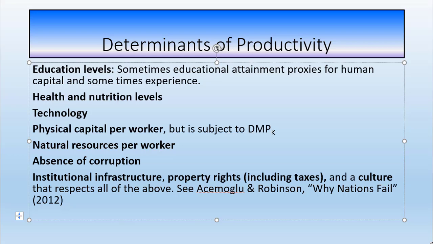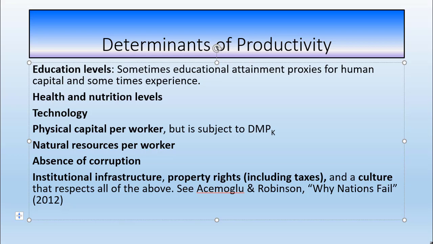Then the flip side of things is the absence now. The absence of corruption is really important. So if you look at the book I have referenced here by Acemoglu and Robinson, Why Nations Fail, it's an eye-opening book. And it talks about the countries that have high corruption or lack institutional infrastructure to manage an economy. They lack property rights, including taxes.